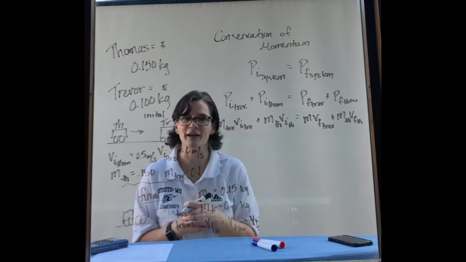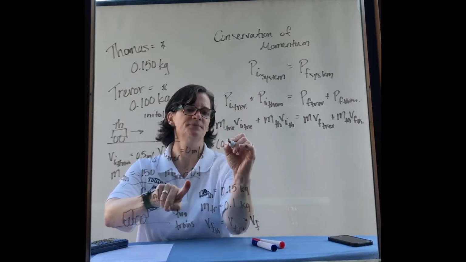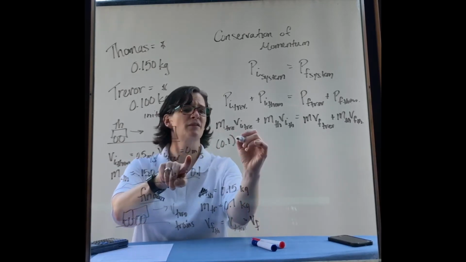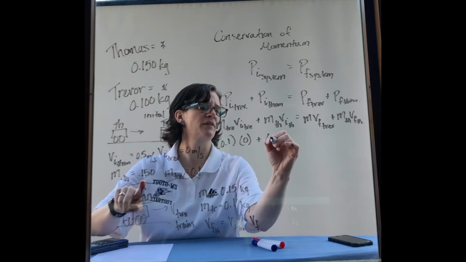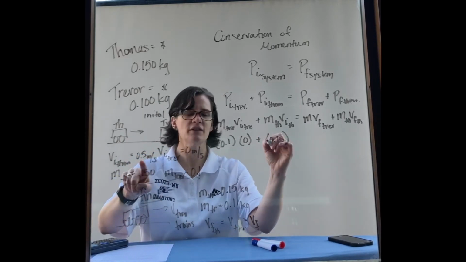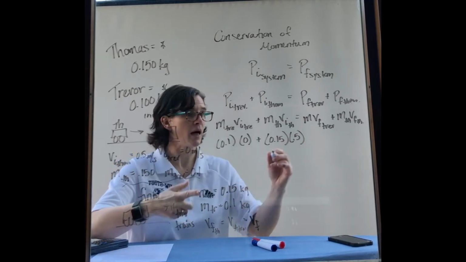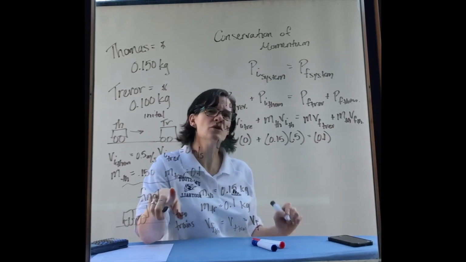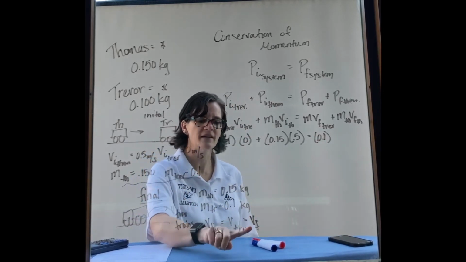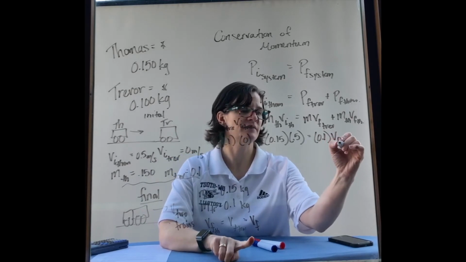Whew. All right. Well, the mass of Trevor we know to be 0.1. The initial velocity of Trevor, well, that's just 0. The mass of Thomas is 0.15, and the initial velocity of Thomas is 0.5. The mass of Trevor hasn't changed. That's still 0.1. I don't know the final velocity of Trevor, but I've identified that as V final.